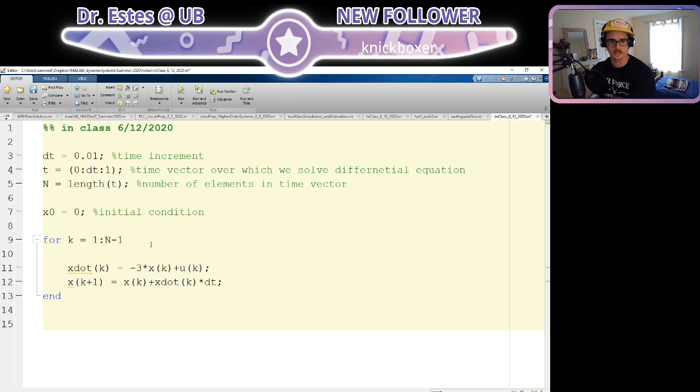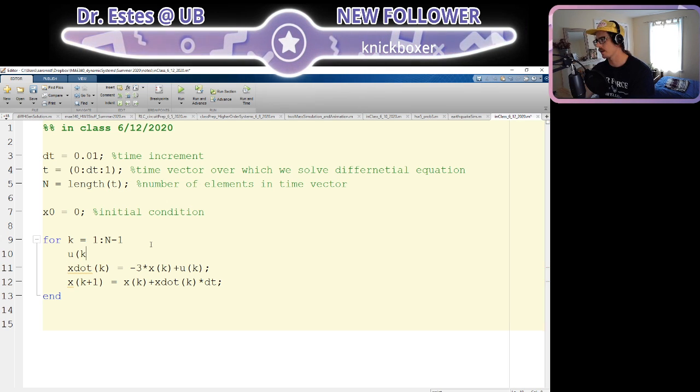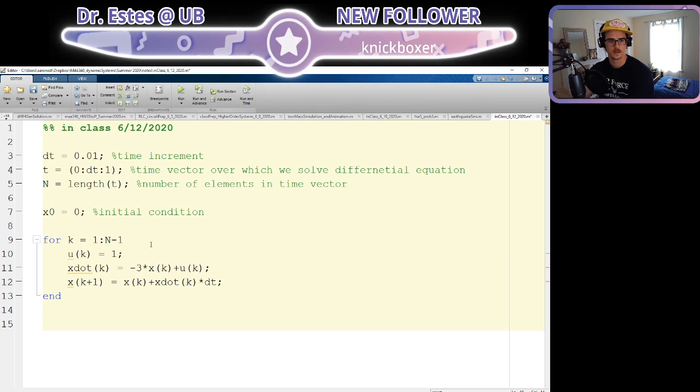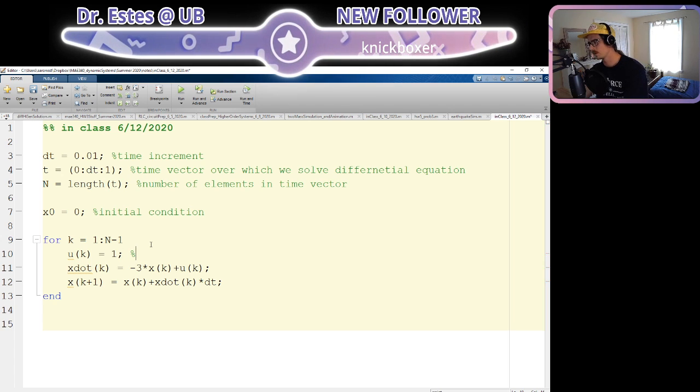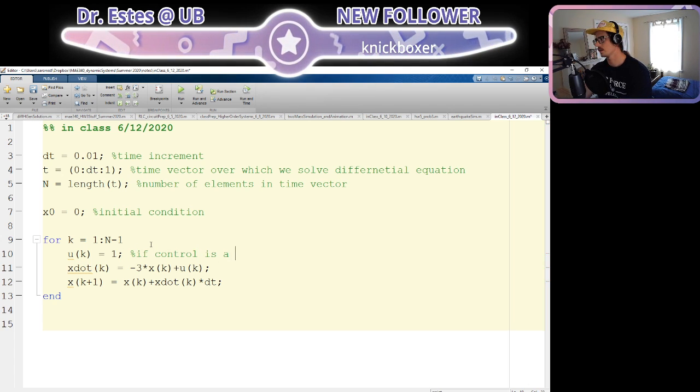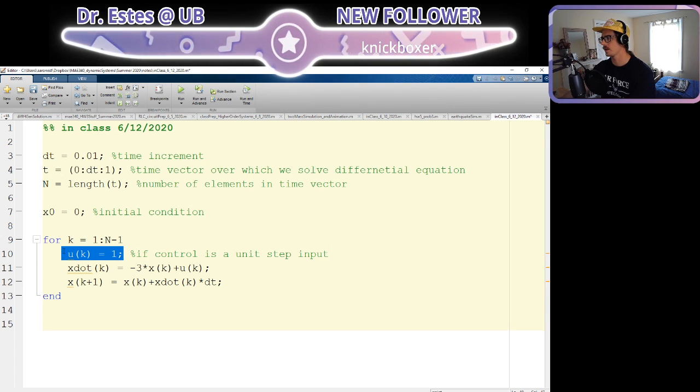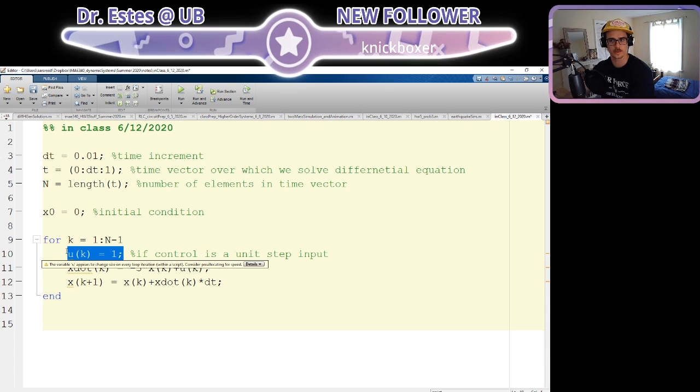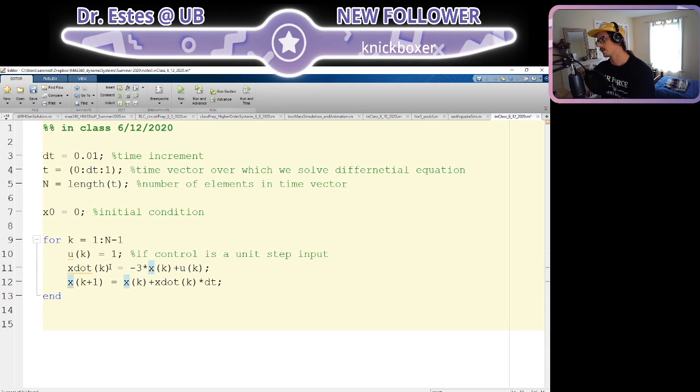If we do a unit step input, then we could say that our control input at every time is just u equals 1. So every time we go into this loop, my input is still 1. We're just holding it steady there. So my rate of change should be minus 3 times x plus 1, giving x k plus 1.